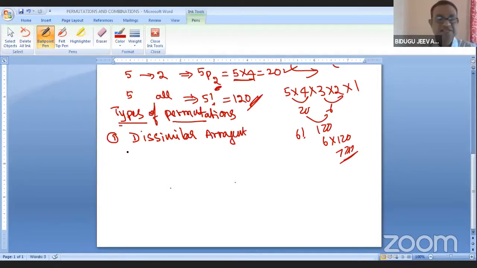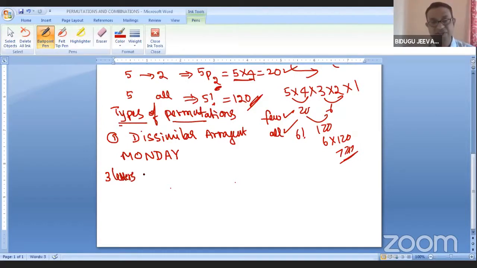See, let me take an example. Whatever you take, you have to take few things or all the things. That is the concept of permutation. You need to take less, or you need to take everything. Now suppose I'll take one example. From the word Monday, how many number of arrangements can be made by taking 3 letters?